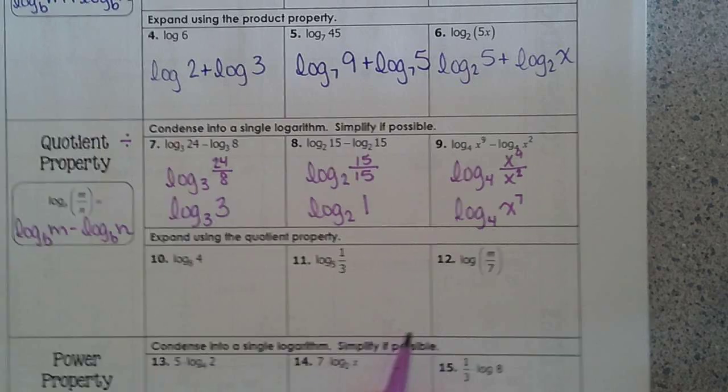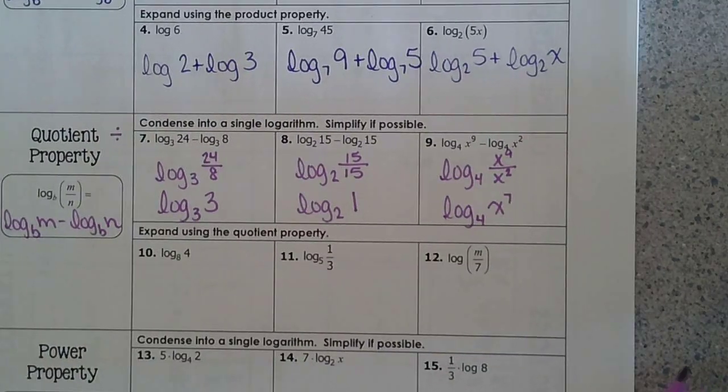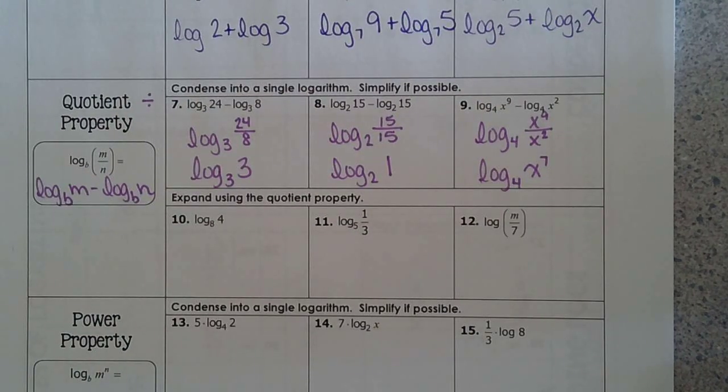Okay, now we're going to expand them. Expanding them, again, could have multiple possibilities. Okay, log base 8 of 4. That means two numbers that were divided ended up being 4. So I might use 8 over 2. I might use 16 over 4. I might use 64 over 16.